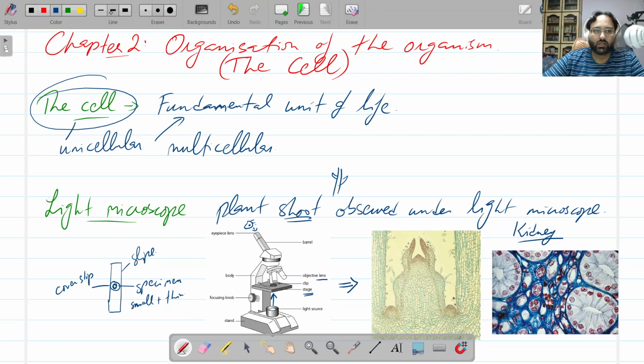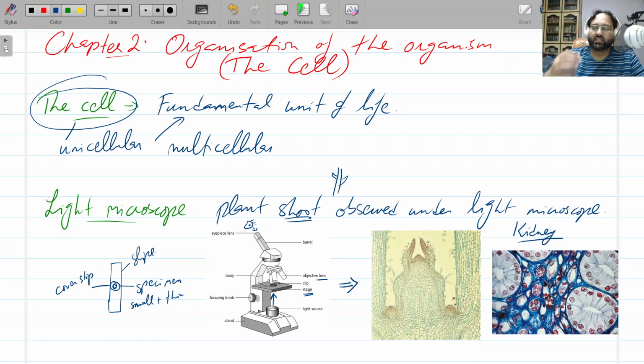But the point is, when you look at it under a microscope, you see that it is organized in these individual units, and those individual units are the cells. So that's how we got to know about cells. I mean, we actually got to know about cells even earlier than that. There's a history about Robert Hooke and studying cork and stuff like that. But I guess this much is enough.